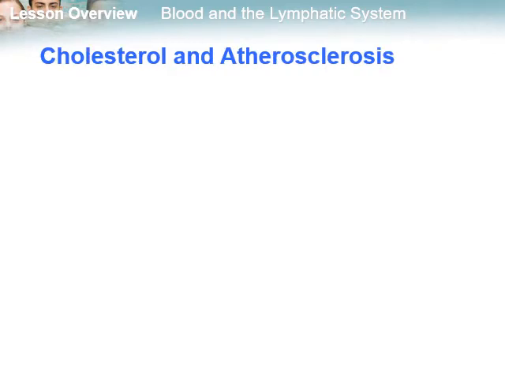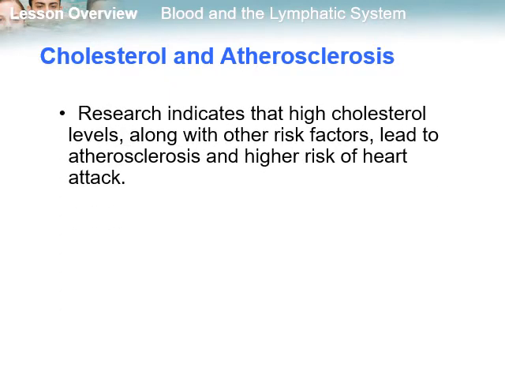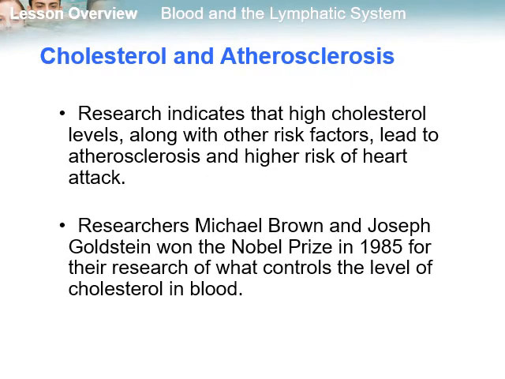Great. What is the relationship between cholesterol and atherosclerosis? Research indicates that high cholesterol levels, along with other risk factors, lead to atherosclerosis and high risk of heart attack. Researchers Michael Brown and Joseph Goldstein won the Nobel Prize in 1985 for their research of what controls the level of cholesterol in the blood.